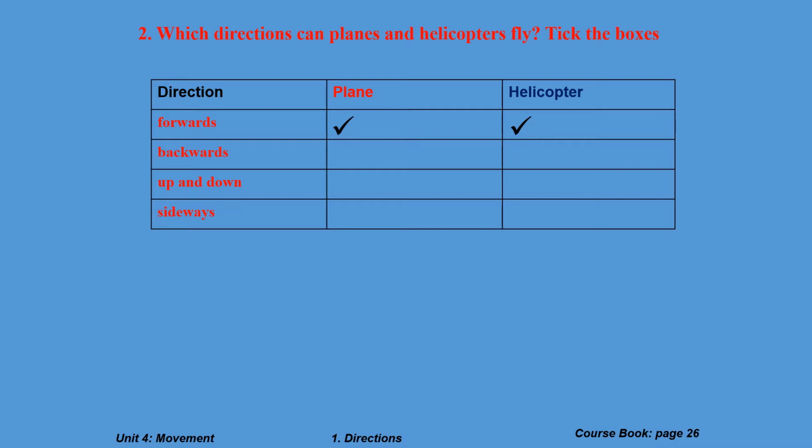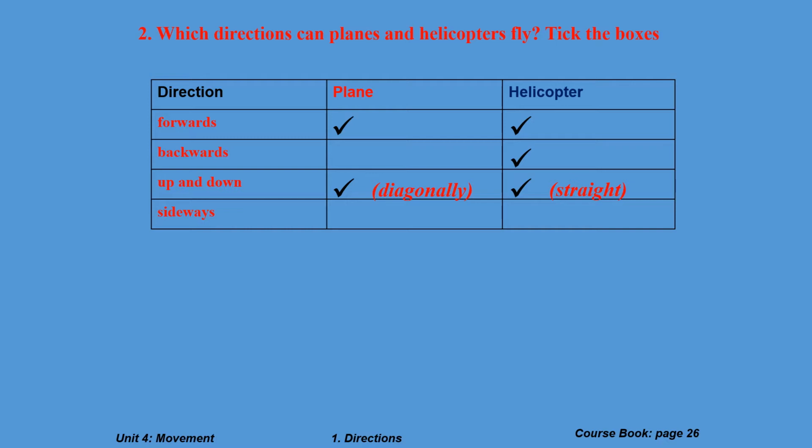Backwards. The plane cannot fly backwards, but the helicopter can. Up and down. Yes, for the plane, but in which way? Diagonally. Also for the helicopter, yes, but straight or vertically.